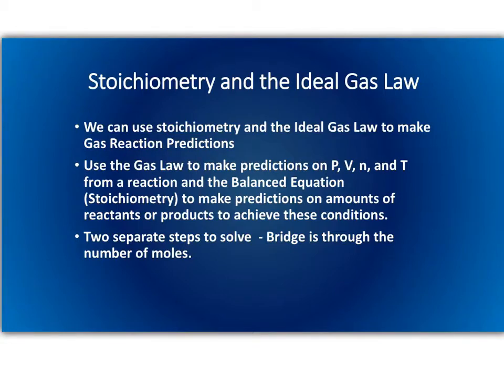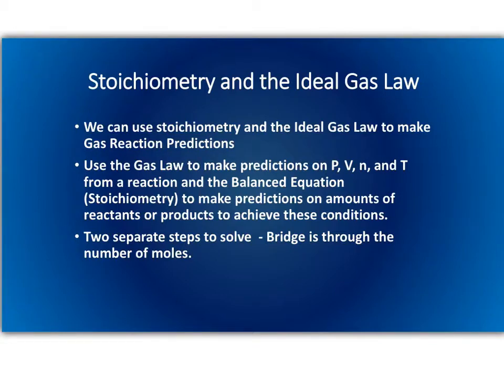If we have a pressure, a volume, and a temperature, we know the number of moles that particular gas occupies at that particular set of conditions. Then we can use the number of moles back in our balanced equation to make predictions on the products or reactants to make or decompose that gas or react that gas.